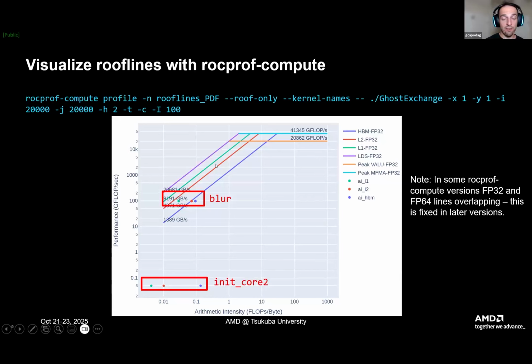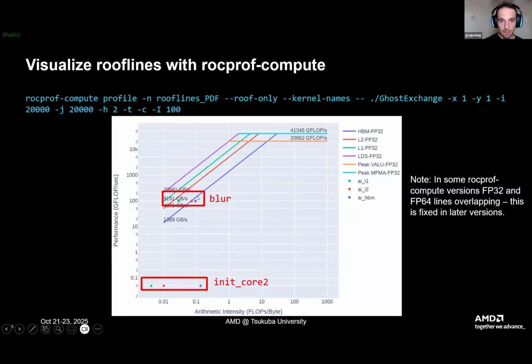Those have a higher bandwidth than the HBM, so those lines are above. And you see that our blur kernel, which was doing the averaging of the solution, sits very close to the bandwidth limit. So that is most certainly bandwidth bound.